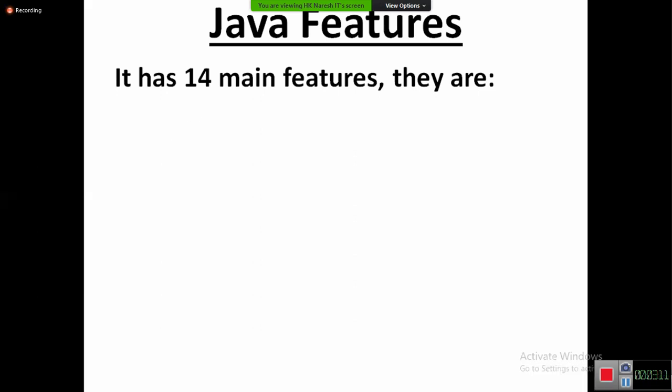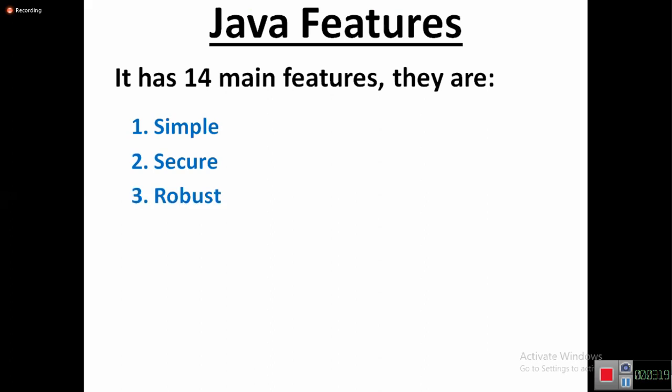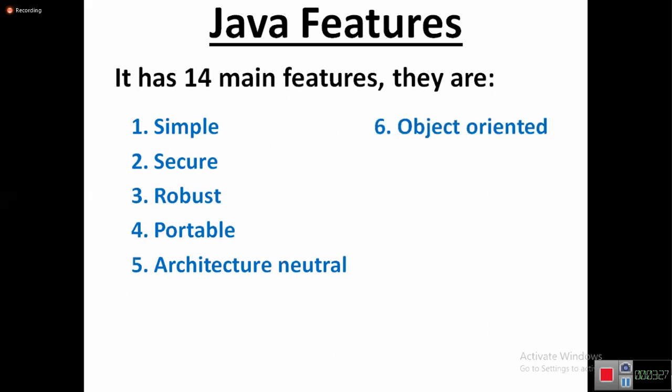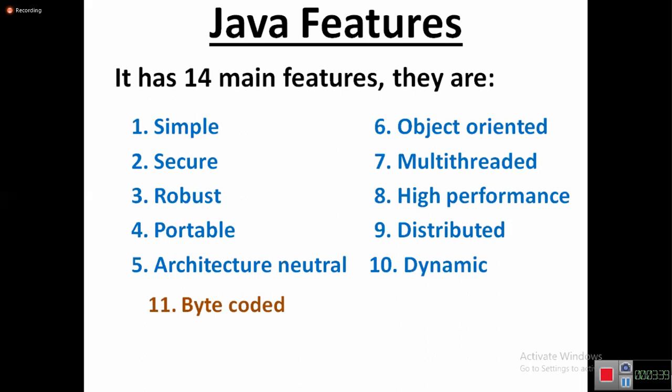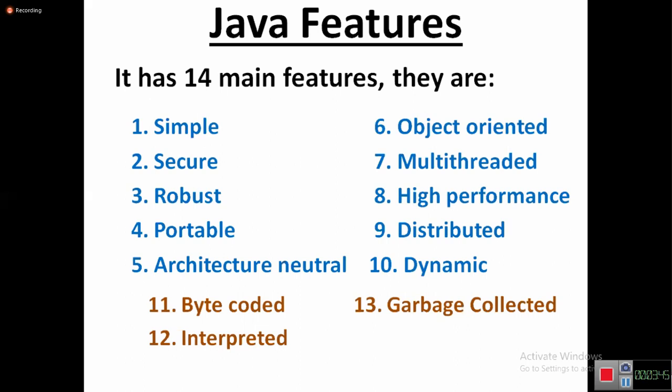Just type the first character of all the features: simple, secure, robust, portable, architectural neutral, object oriented, multi-threaded, high performance, distributed, dynamic, byte coded, interpreted, garbage collected, and open source. So these are the 14 features.